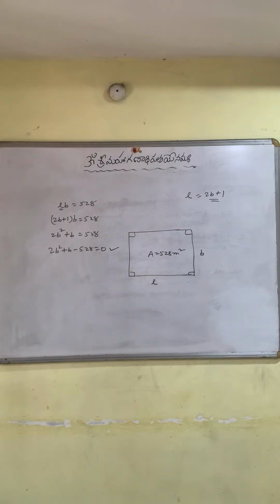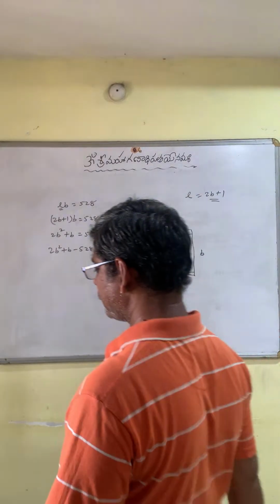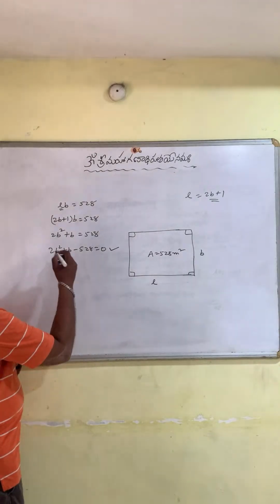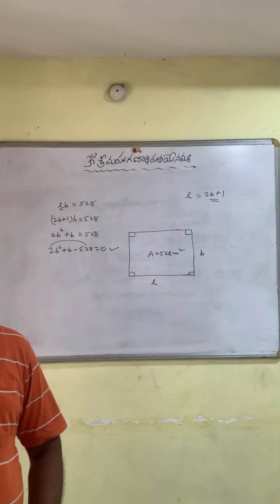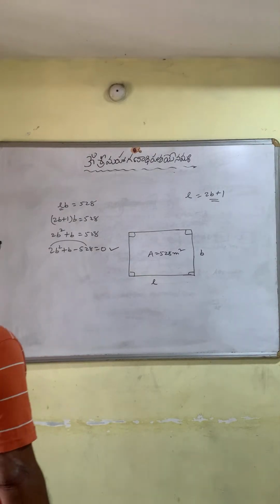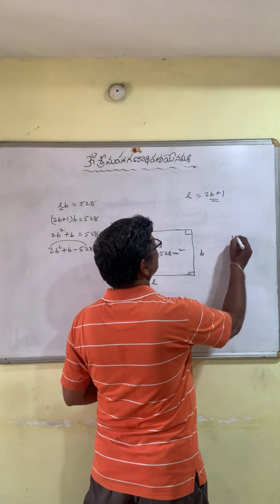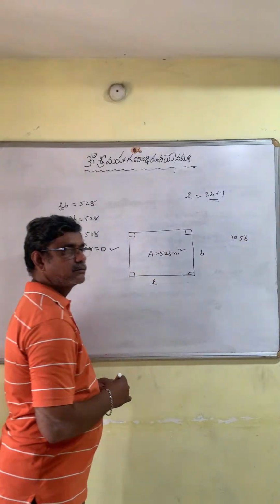First what is the step 1? What is the step 1 I told you? Multiply A and C. I think it is 1056.